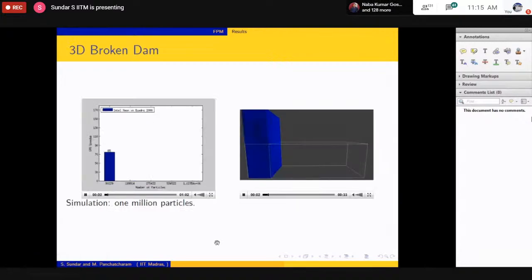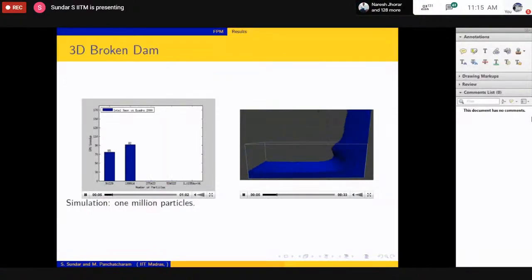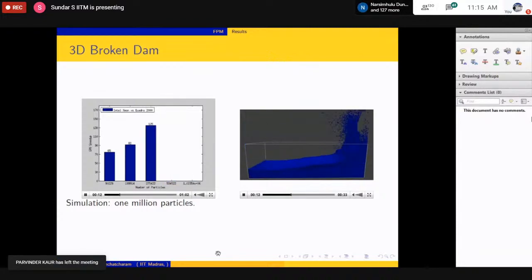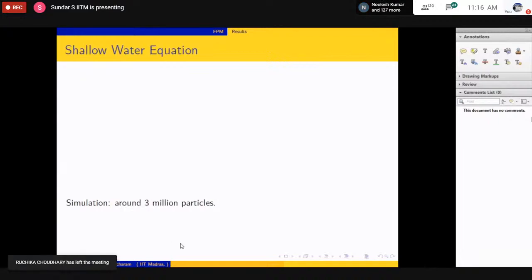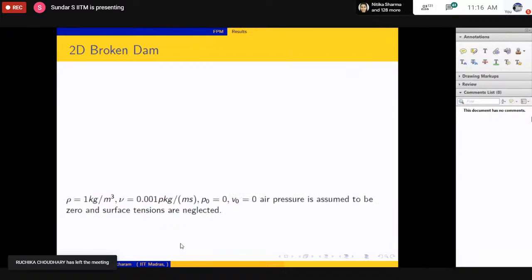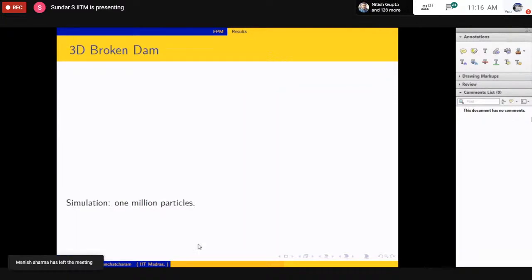So this is the three-dimensional broken dam. You see how these are all our free surface simulations. The previous one is for the two-dimensional broken dam problem. Now you see that it's a three-dimensional broken dam.